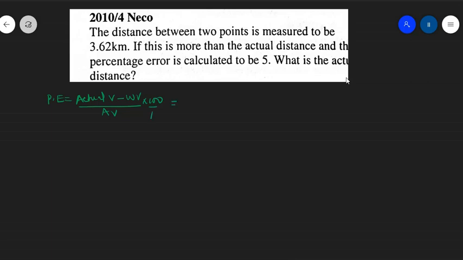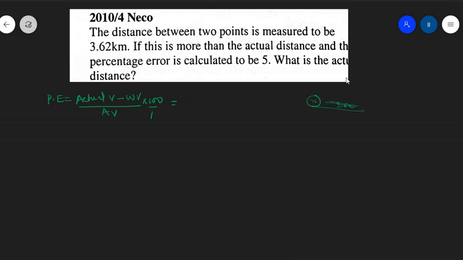Dealing with that, we actually don't know the difference, but they told us the distance between 2 points. That means, imagine this is the beginning of the point and this is the end. They told us the distance between them is 3.62, but we don't know the actual value, which is x, but we know the lagging between them is 3.62 minus x.